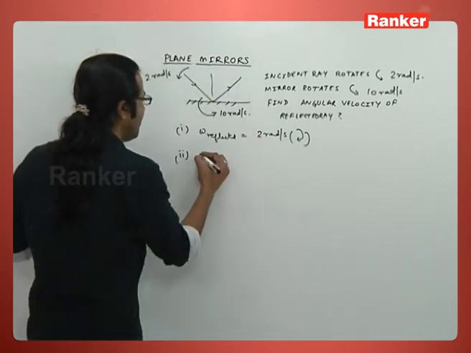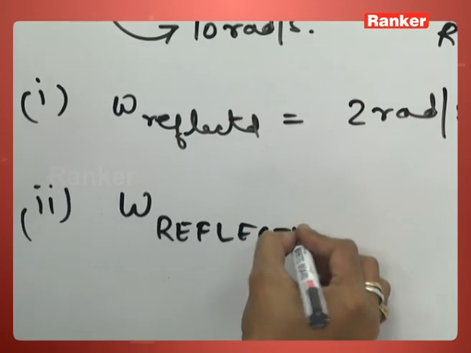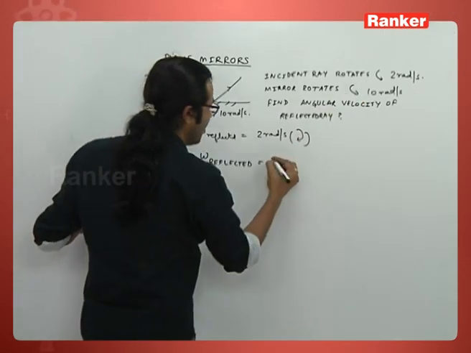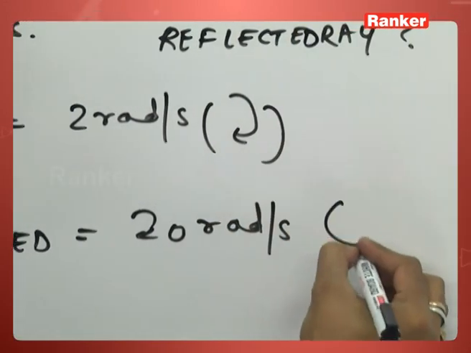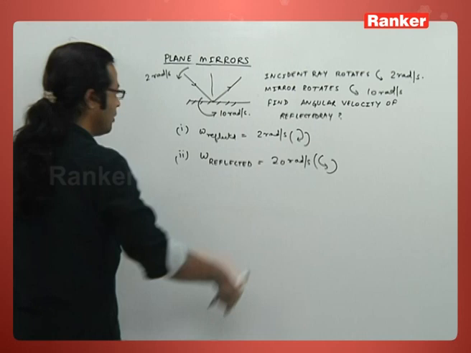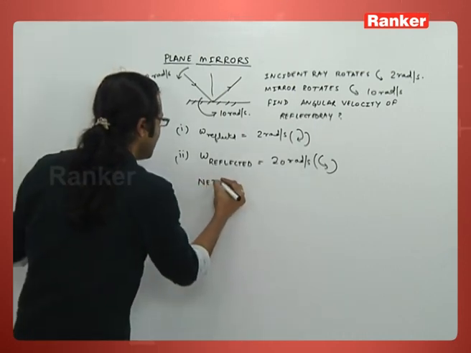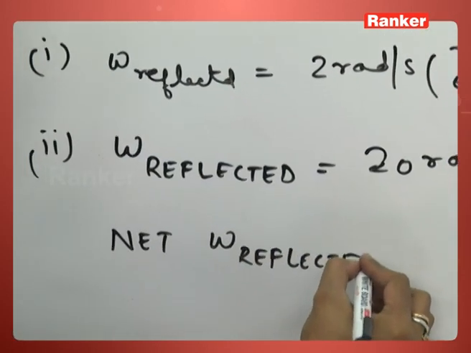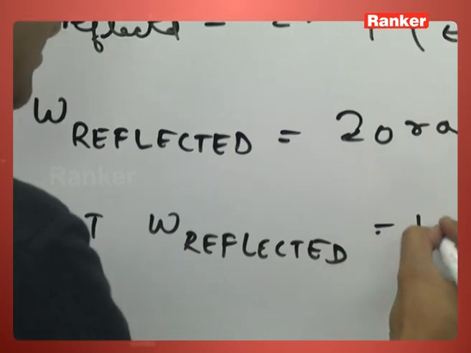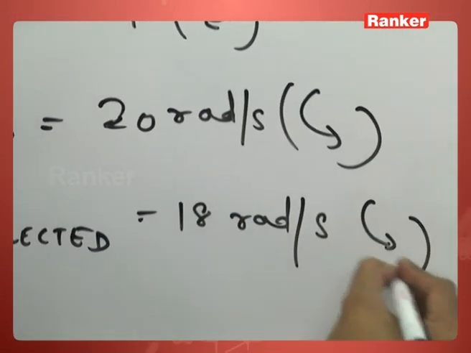So here also omega reflected I can write as 2 into 10, 20 radian per second in the same sense. These two are in opposite directions, so I can write net omega reflected as 20 minus 2, that is 18 radian per second in this direction.